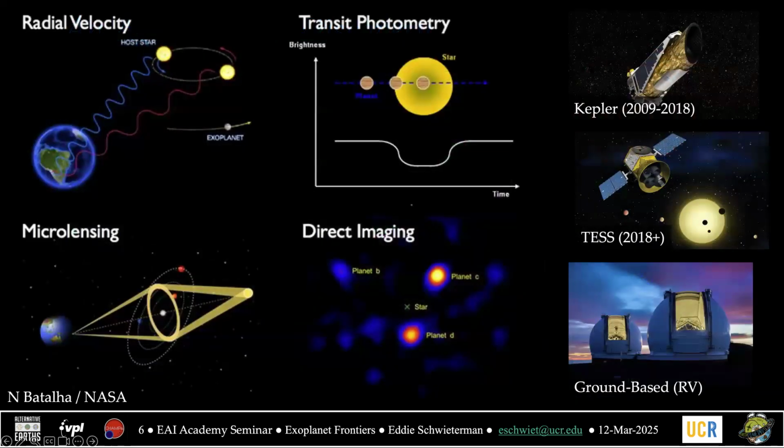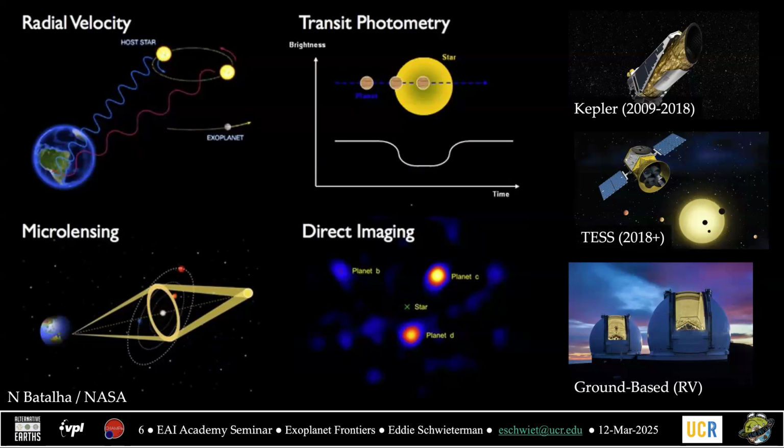And you may ask, well, why can't we just take a picture of the planet and find it that way? There are, in fact, some planetary systems that are found through direct imaging. However, this is an immense challenge for many planets. The reason being that if we take our Earth as an example, Earth is outshone by our sun by a factor of about 10 billion at visible wavelengths, or 10 to the 10.